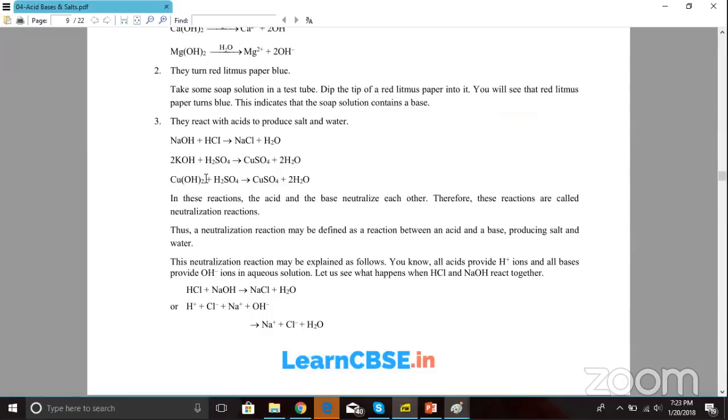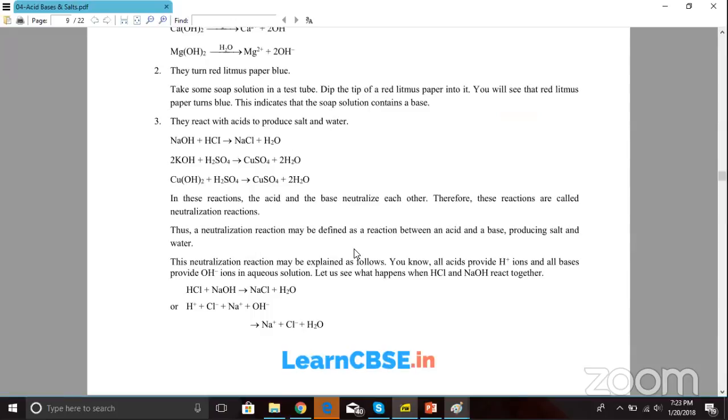Copper hydroxide reacts with sulfuric acid and forms copper sulfate plus water. In these reactions, both acids and bases are neutralizing. What does neutralizing mean? The H+ from the acid and OH- from the base react and form water. This we call neutralization reactions.